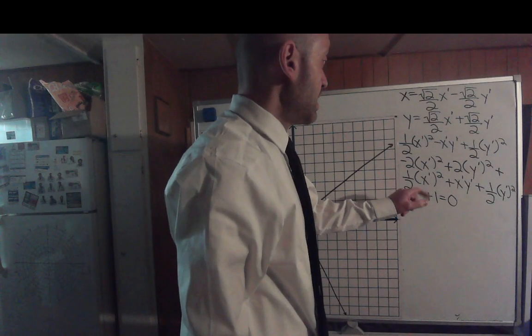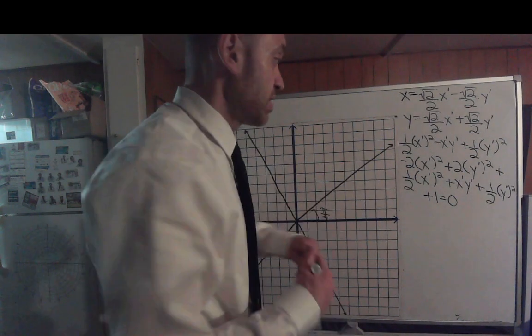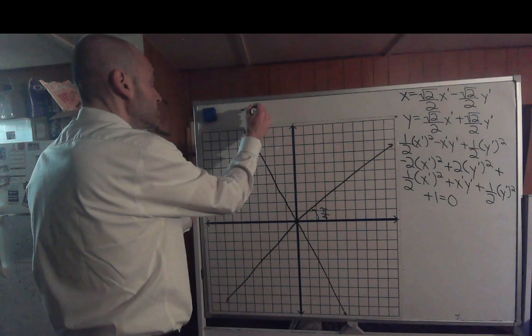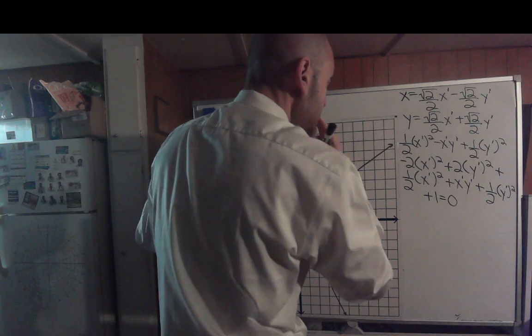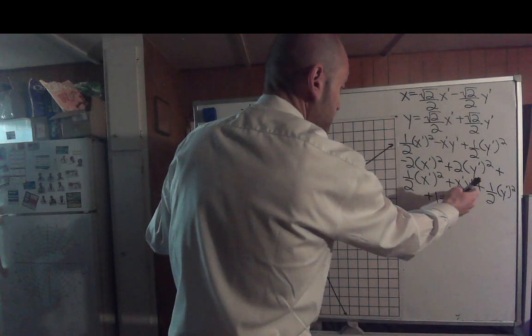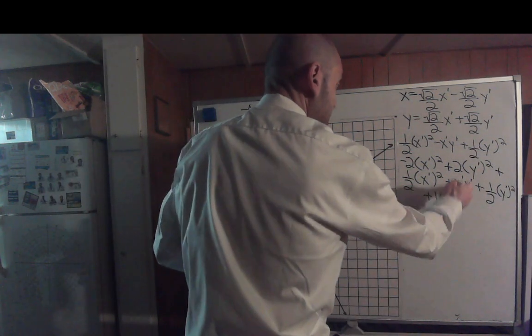Well, that's actually going to be x prime squared minus 2x prime squared. That would give you negative x prime squared. And then notice your x prime y prime is negative, then plus that same term. Those are going to cancel out. So your x prime y primes have canceled out.